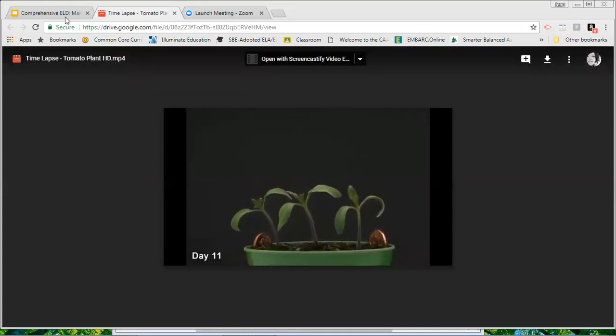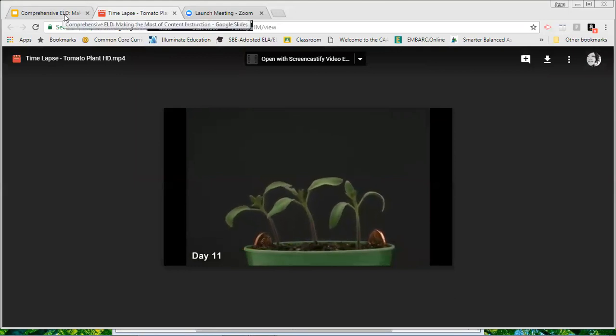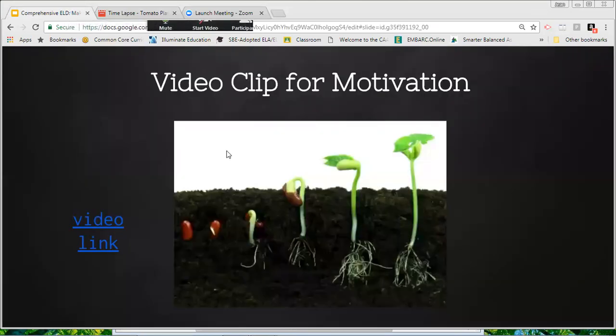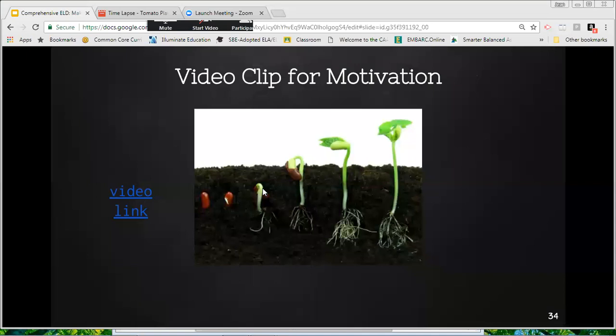So I won't play the whole thing, but it goes up to 14 days. The students had a lot of questions, and it really drew out some of the information that they already knew about how plants grow. And it set up a place for us to begin our study of growing plants.